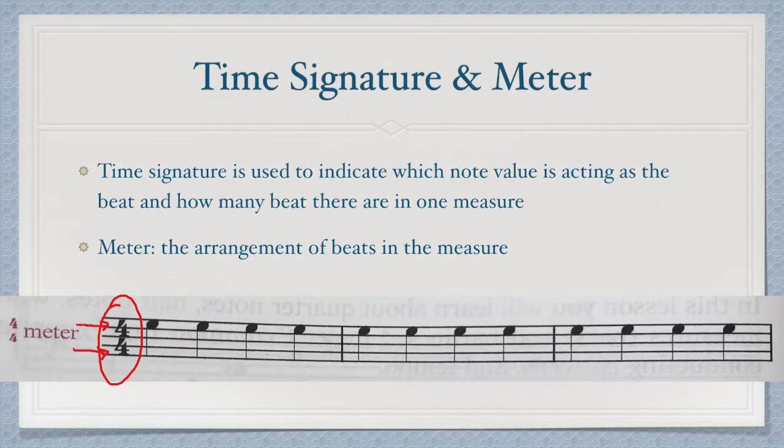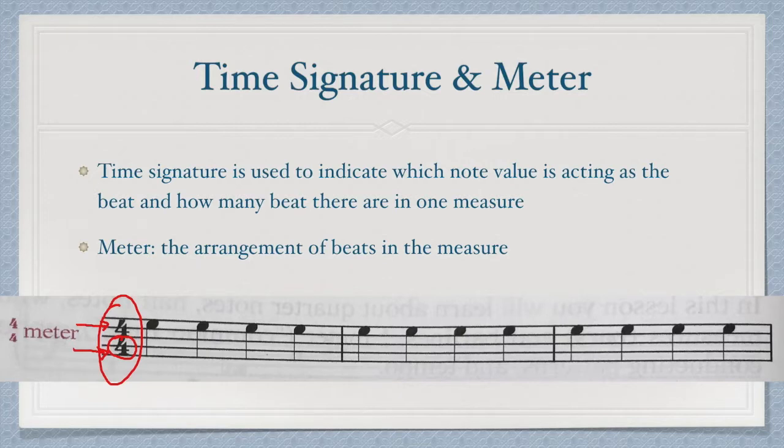The number on the bottom tells us which unit is acting as the beat in the music piece. To clarify, the bottom number decides whether the quarter note or the half note or some other note is acting as the beat in this specific music piece. If the bottom number is 4, it means the quarter note is acting as the beat.